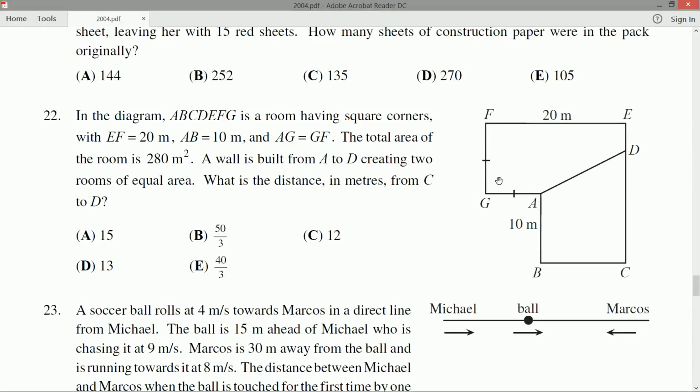The total area of the room is 280 meters squared. A wall is built from A to D, creating two rooms of equal area. So 280 divided by 2, 140. Interesting. What is the distance in meters from C to D?